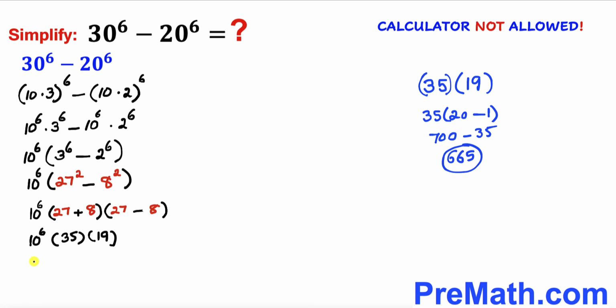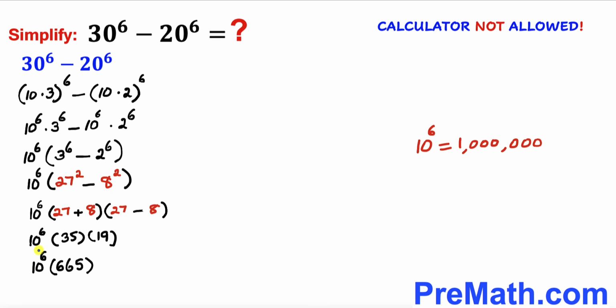So this whole thing could be written as 10 power 6 times 665. Now let's focus on 10 power 6. We can see 10 power 6 means 1 with 6 zeros. This is called 1 million. So we end up with 10 power 6 as 1 million, that means 6 zeros, times 665.